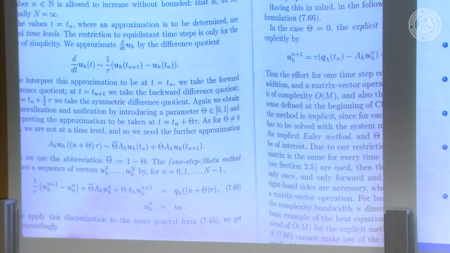Then we have the old time level, which we know, and do the multiplication with A. So we need again a matrix times vector. We are used to that. Multiply by tau, combine this, and this gives us the new time level. And then we go on.